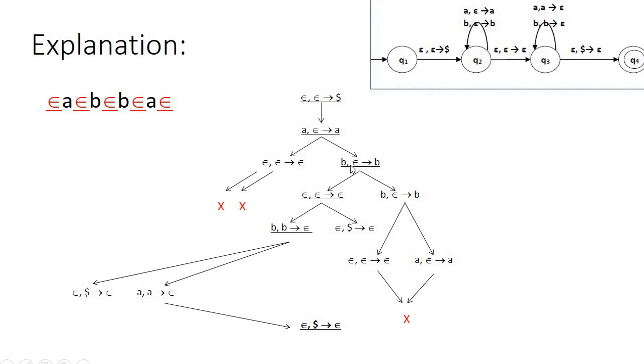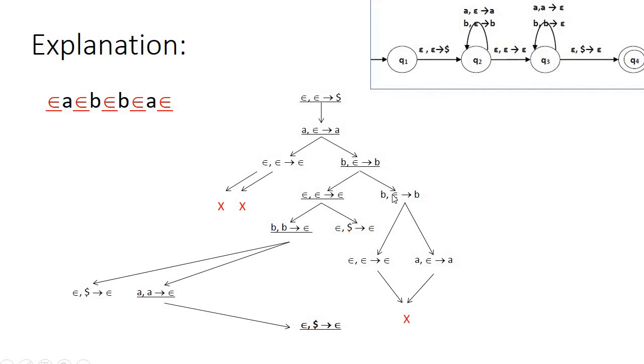So here this epsilon is rejected by the machine, and we need to accept B. Whenever we read the B, we simply push B on the top of the stack. So right now we have B on the top, then A, and then dollar. Again after B we have two different positions, whether we take this epsilon or we ignore it. If we accept the epsilon, it takes us to the right path which can accept the whole string.